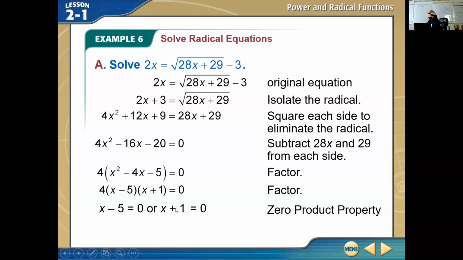That's the zero product property. Then they solve for x. They'd add 5 on this one to get x is 5. They'd subtract 1 on this side to get x is equal to negative 1. And we're left with our answers.